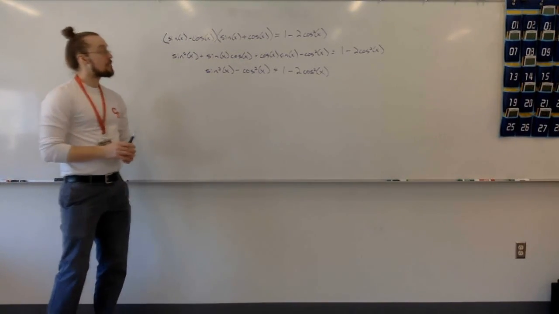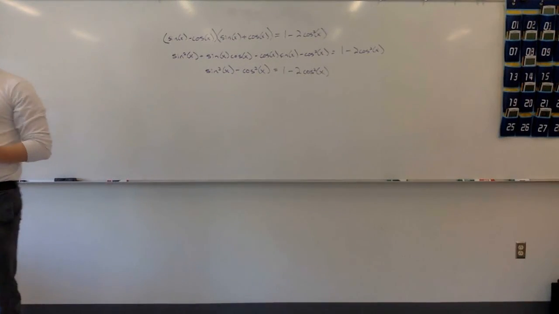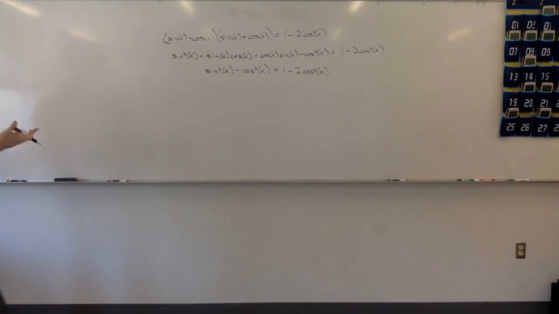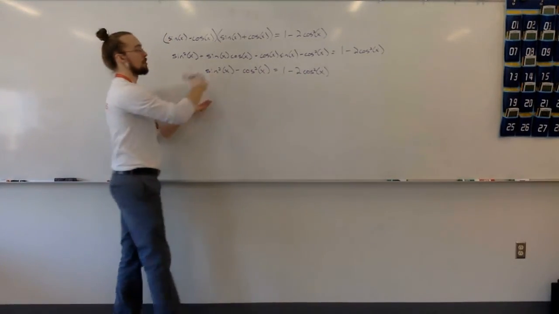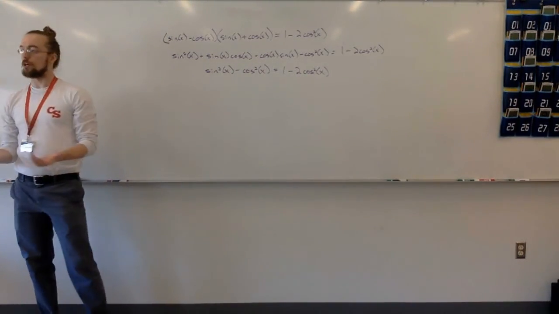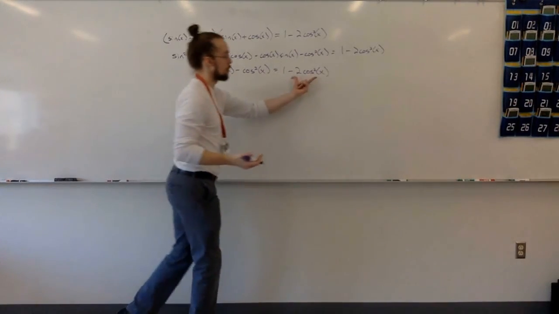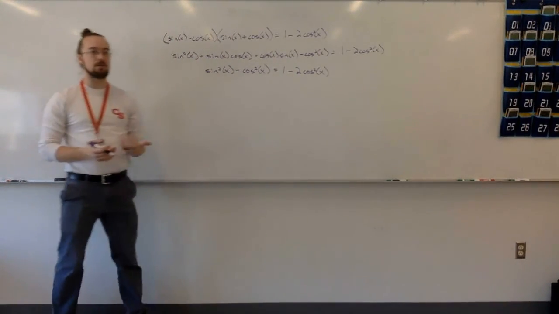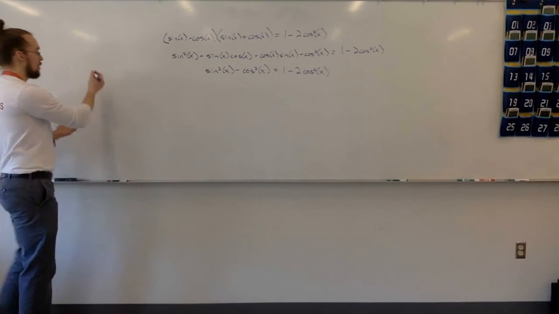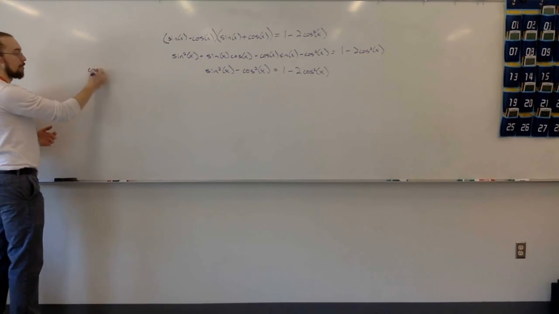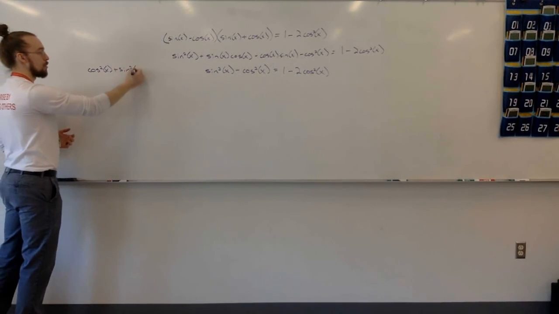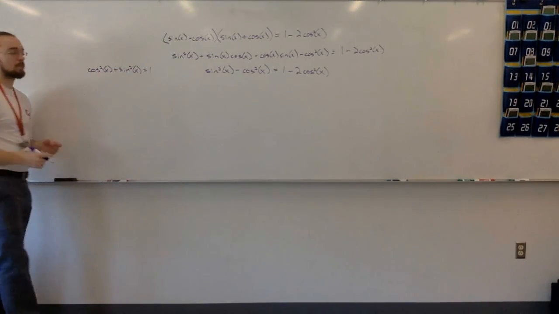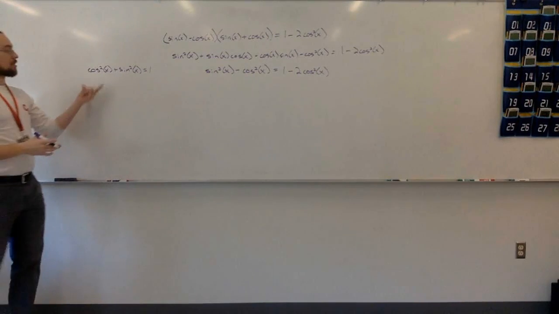So if we think about what we have here, I want to turn this just into cosine squareds, right? The right side of the equation just has cosine squareds. So if we think about our Pythagorean identity, cosine squared plus sine squared equals 1, I can manipulate this.